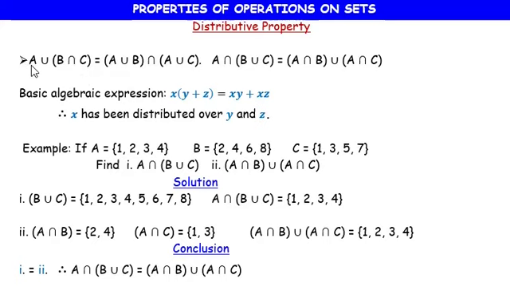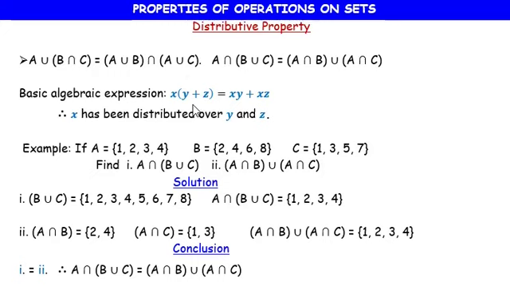So we are going to distribute A over B and C using the union sign here, right? So you're going to have A union B in one bracket and then A union C in another bracket. Then we are going to use the operation that separates the B and the C to separate the two pairs.